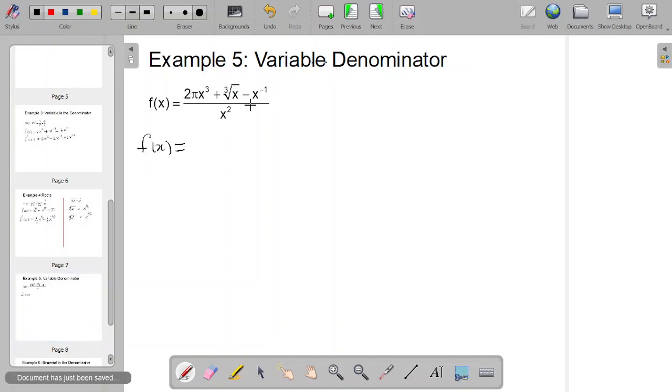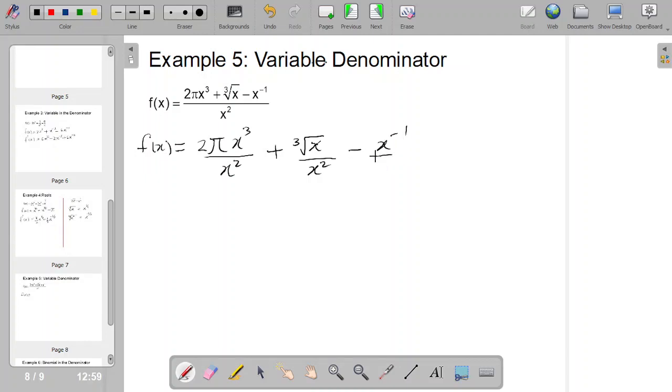So 1, 2, 3, there are 3 terms, so you will write 2 pi x cubed over x squared, plus cube root of x all over x squared, minus x to the minus 1 over x squared.